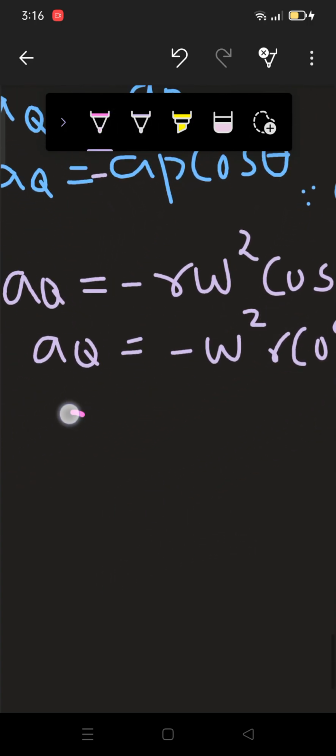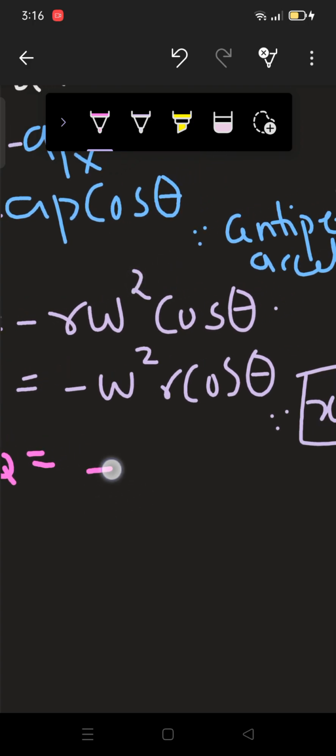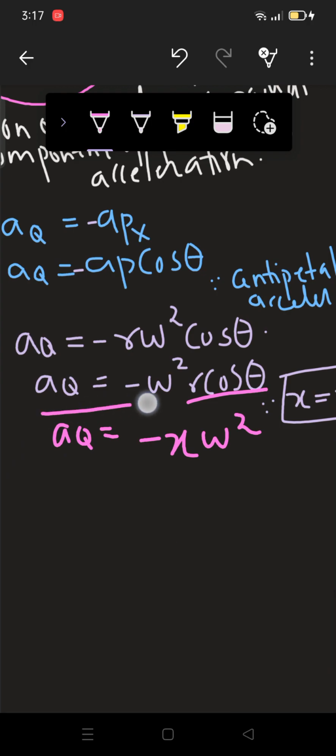So let's put x. a_q is equal to minus, instead of r cos theta, x, and omega squared same, right? So this is the formula for finding the acceleration of the shadow of a particle: minus x omega squared.